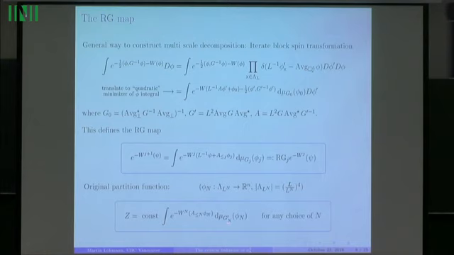And the way that this object differs from the original definition of the partition function is that it's an integral over much fewer degrees of freedom. So originally you had to integrate over this bold L to the 4 degrees of freedom, and now, for example, if I could reach an n so that this thing here is just 1, then I would only have a one-dimensional integral. And it's much simpler to analyze if you can get some information about what these effective actions are.